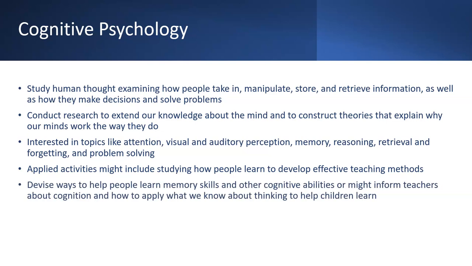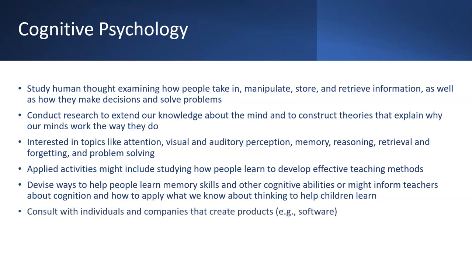They may work to improve memory skills or to rehabilitate people. In the last chapter, we talked about applications of neuroscience in the rehabilitation space. Cognitive psychology may actually be the foundational theory on which those rehabilitation efforts are based.